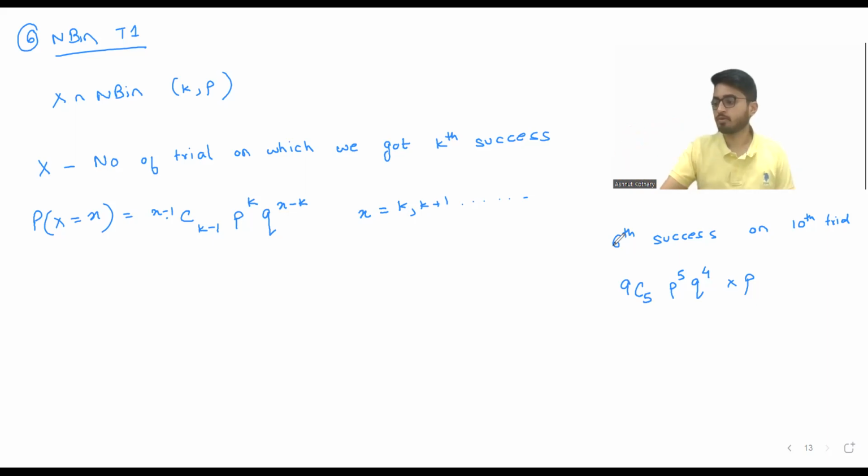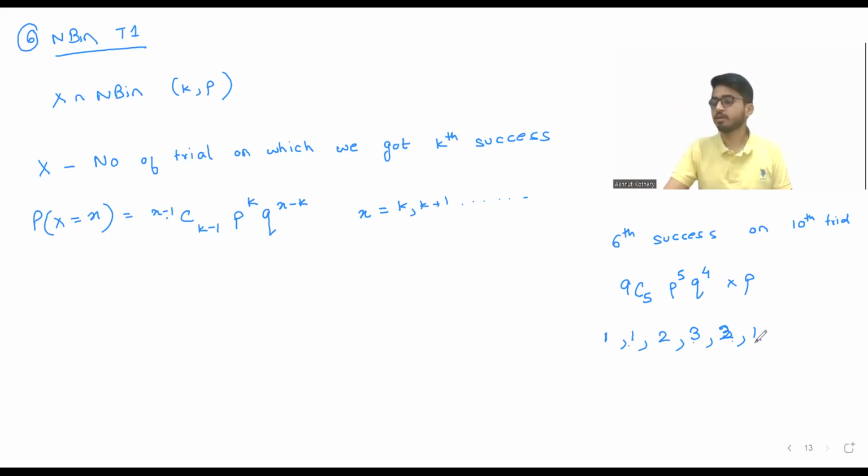Say for example, I got my first success in the first trial. I got my second success after an additional one trial, third after two, fourth after one, fifth after two, and sixth after one. If I add all of them, 1, 2, 4, 7, 9, 10.